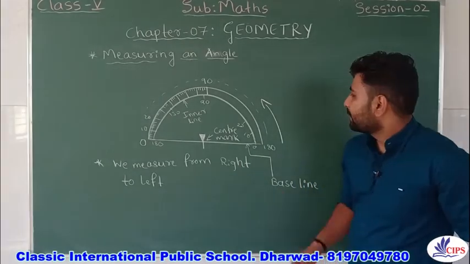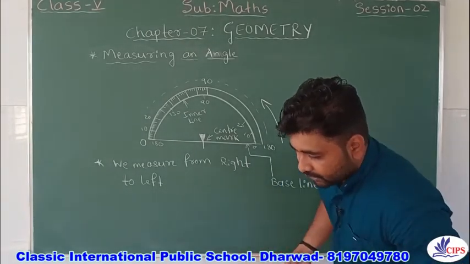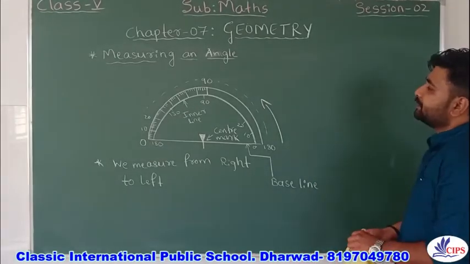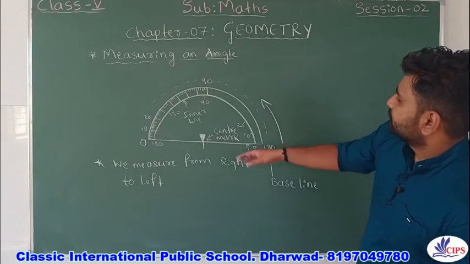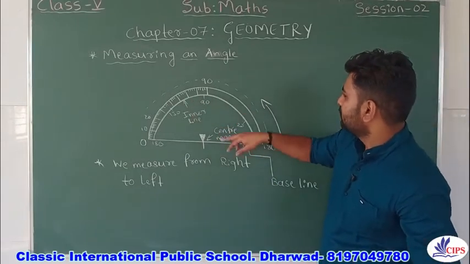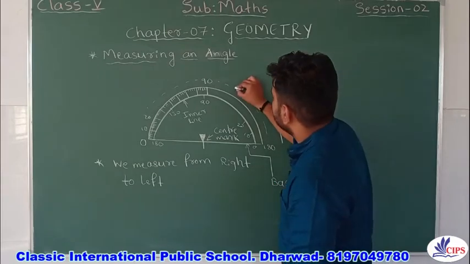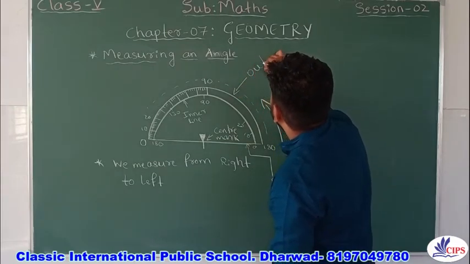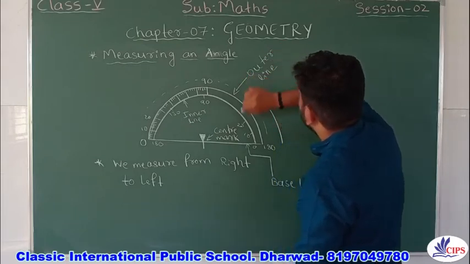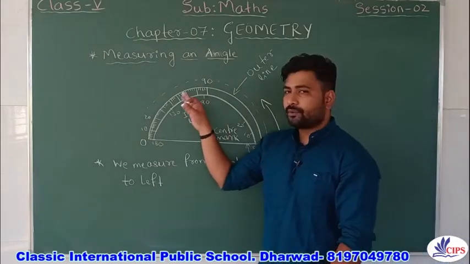Okay, now I'm going to rub it out because I need to draw the types of angles. So measuring an angle, what we have seen, inner line. Have I written outer line? No. So let me write that also. This is called the outer line, and we measure always from right to left.